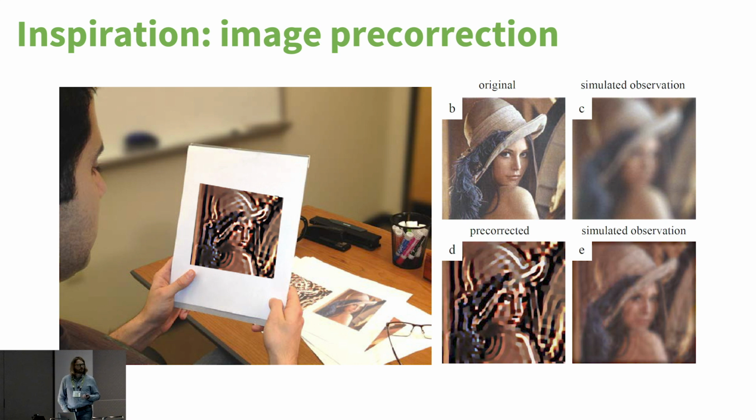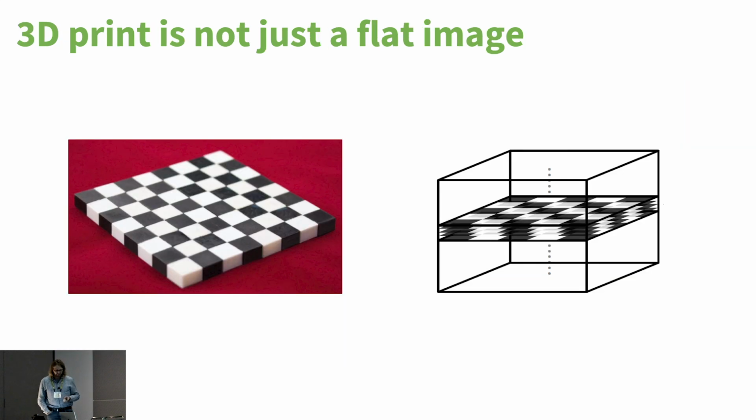And this is something that we can also use to fix the problem with the 3D printing. But of course, so far we are interested in just reproducing textures on top of the 3D prints, and the problem is actually much more difficult for us because it's not just image pre-correction.